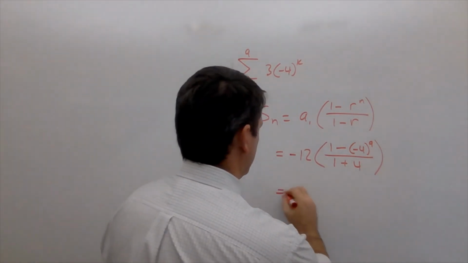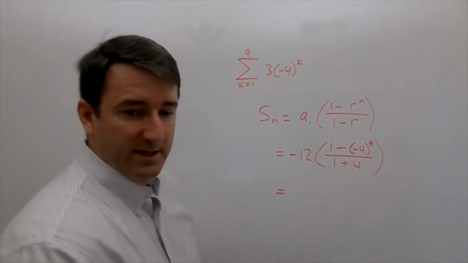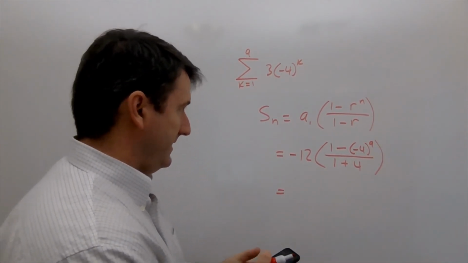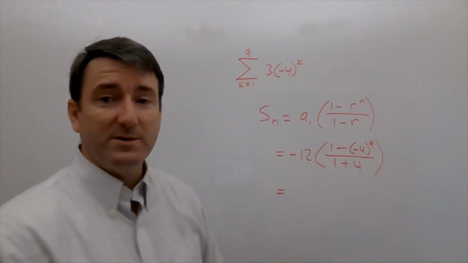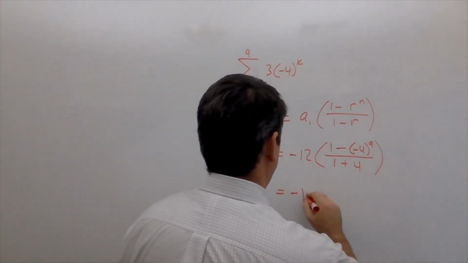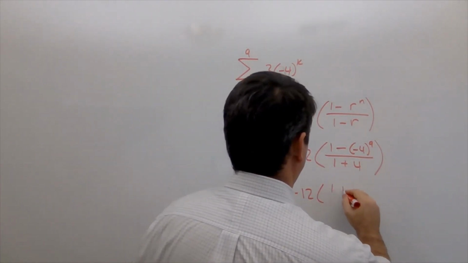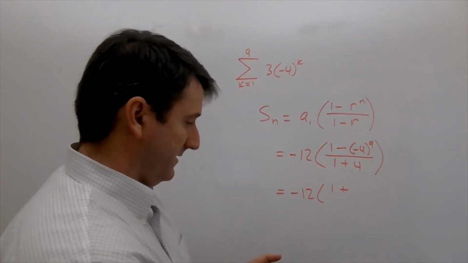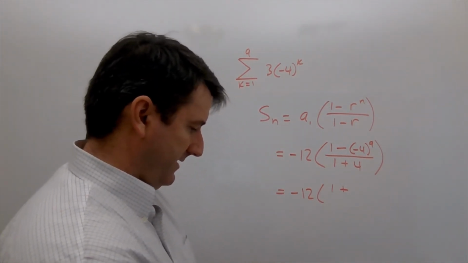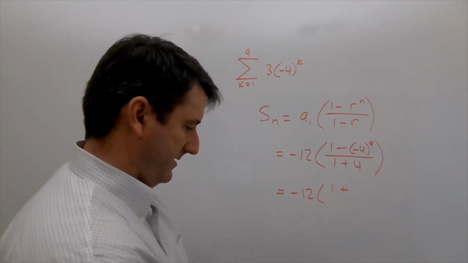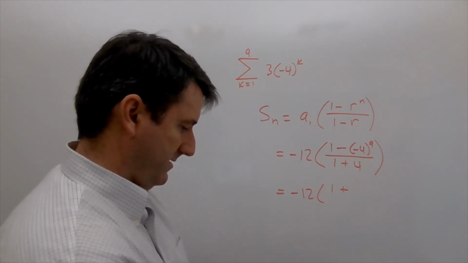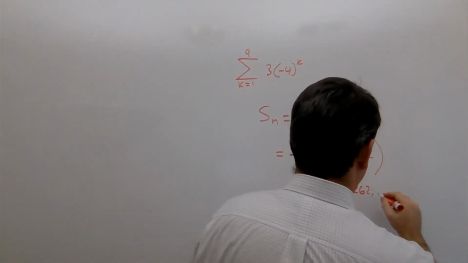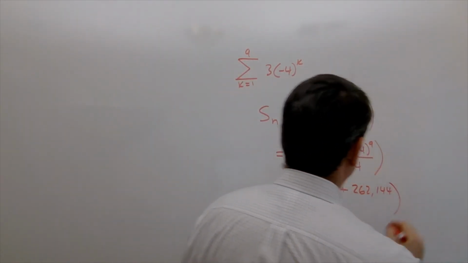All right, so I'm going to need a calculator for this. -4 to the 9th power we know is going to be negative. So it's going to be -12 times 1 plus whatever we get here. -4 to the 9th is -262,144.